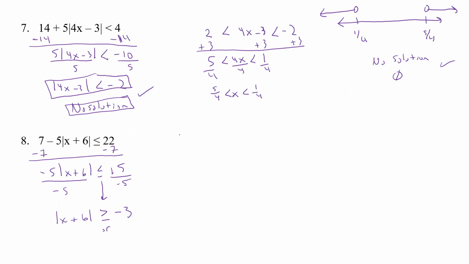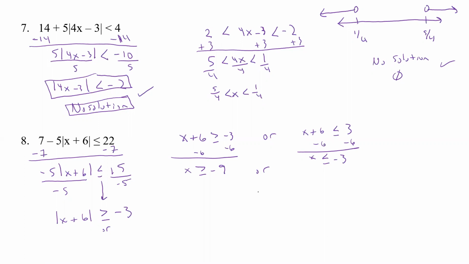So we're going to get x plus 6 is greater than or equal to a negative 3, or x plus 6 is going to be less than or equal to a positive 3, because it's going to be less than or equal to the opposite. Now, subtract 6. x is going to be greater than or equal to a negative 9, or subtract 6, x is less than or equal to a negative 3.